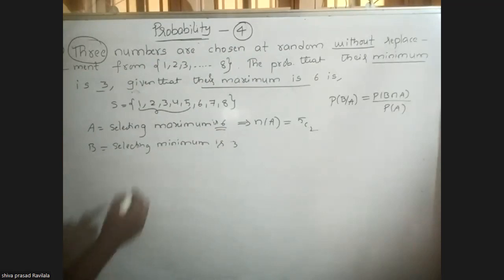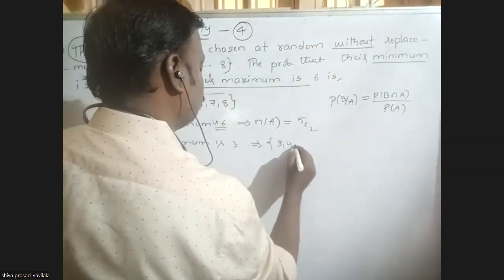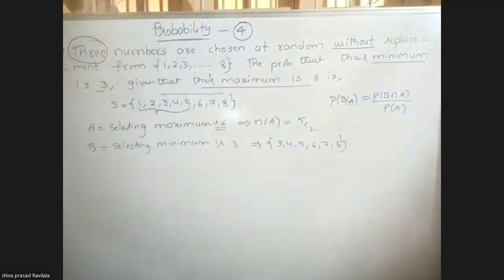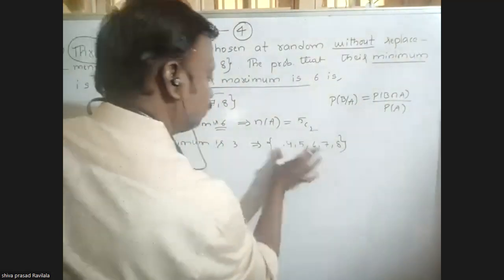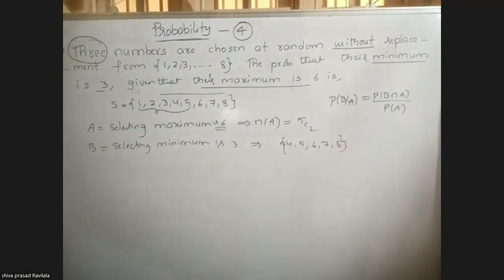Minimum 3 means you can select the remaining all from 3, 4, 5, 6, 7, 8. In this, 3 is already there, and from the remaining 5 you can take any 2.